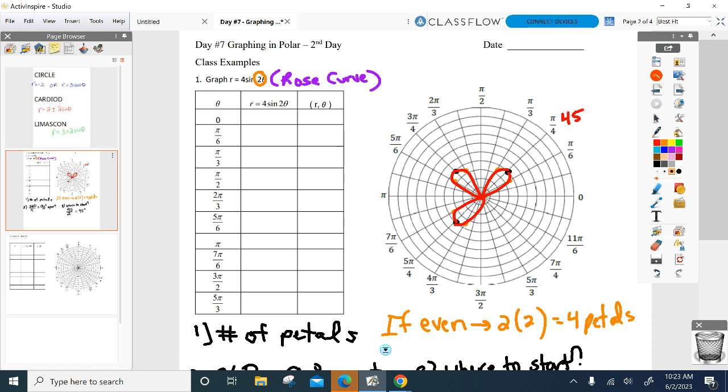And that one should be at 7 pi over 4. Three and a half on each side.